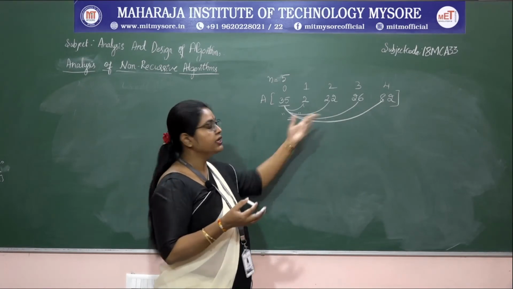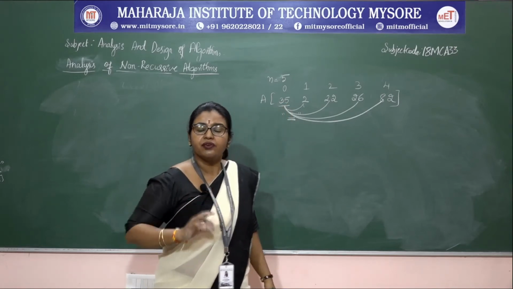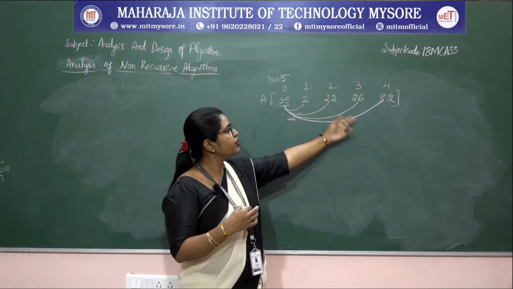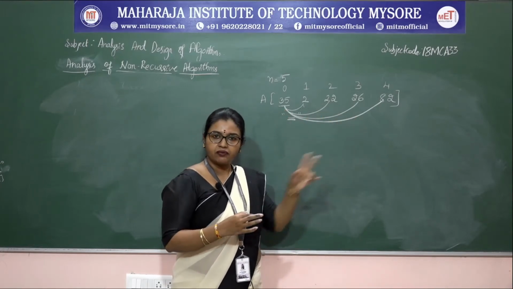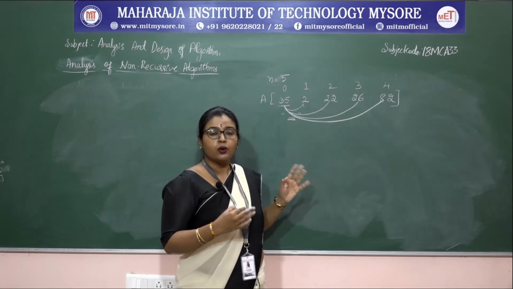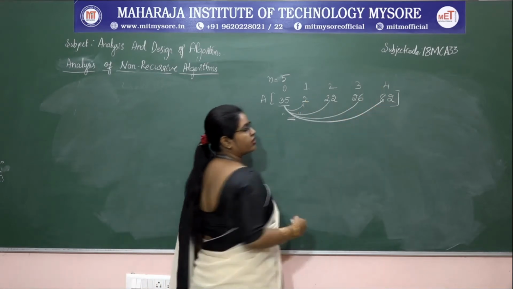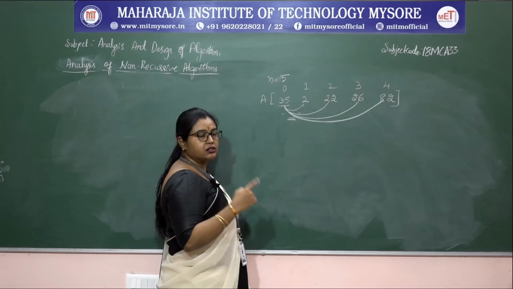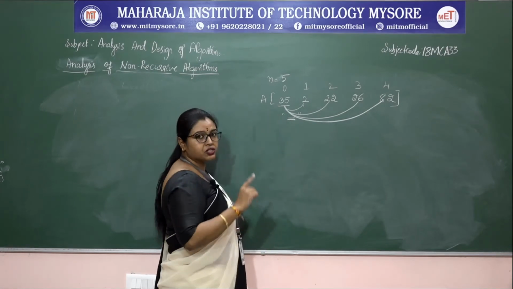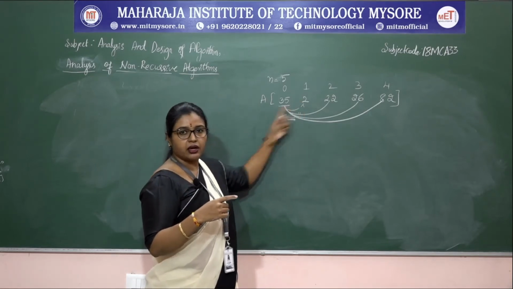But here all the elements are not equal to 35, so in the first iteration itself we can't say that the elements are distinct, because there may be a chance that two equal elements are present somewhere else. So you need to continue with the next step.